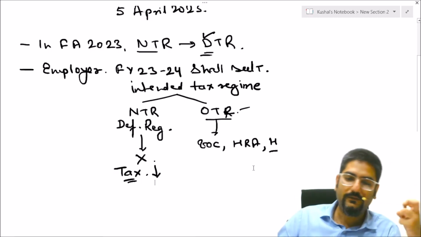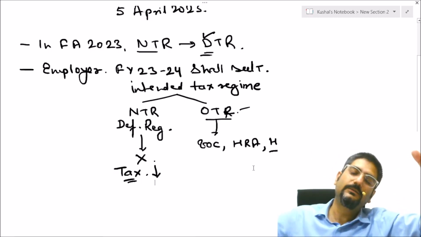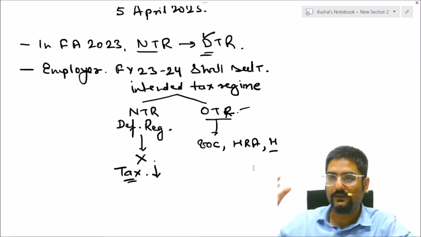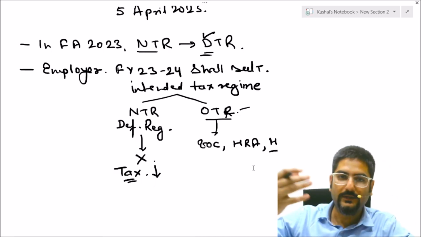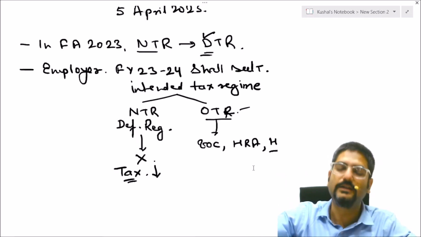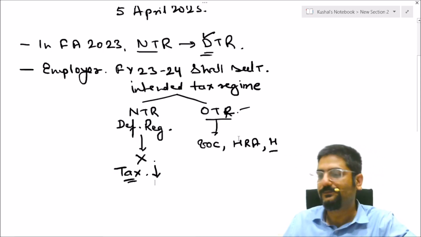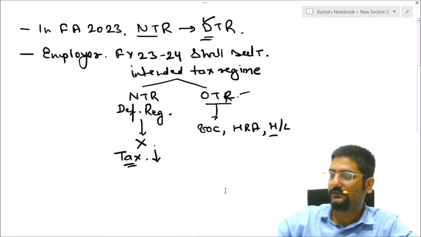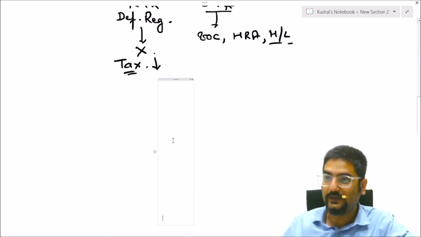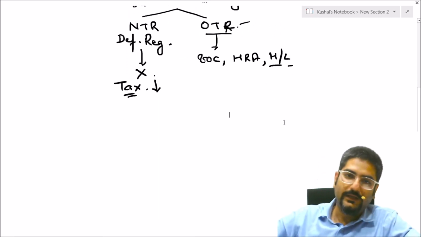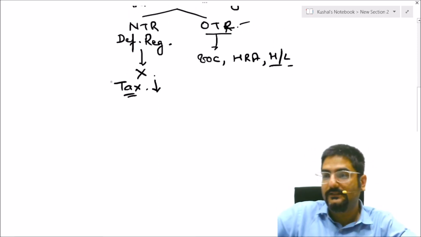So from one hand, if one benefit is taken away, then from the other hand one benefit is given to the employees: you're not eligible to claim deductions and exemptions, then we will charge lower income tax rates from you. The tax rate is lower, slabs are better, marginal relief is there, right? And one more benefit that goes with the new tax regime is that it is simplified.